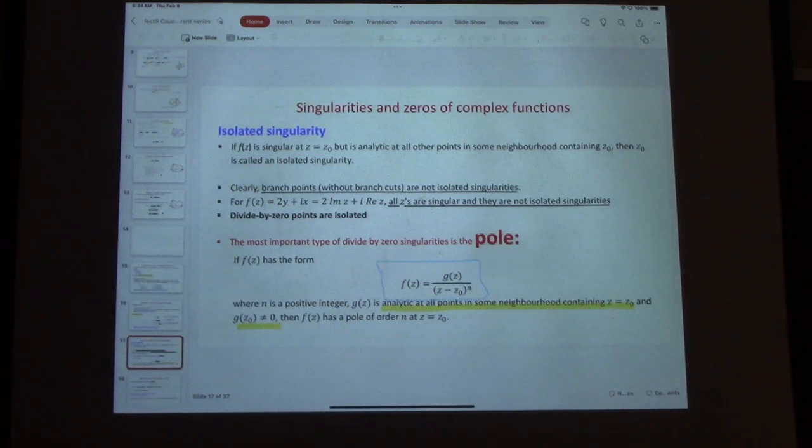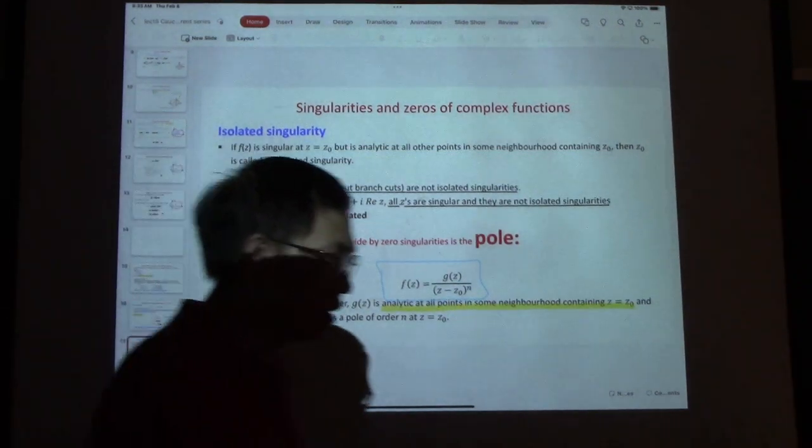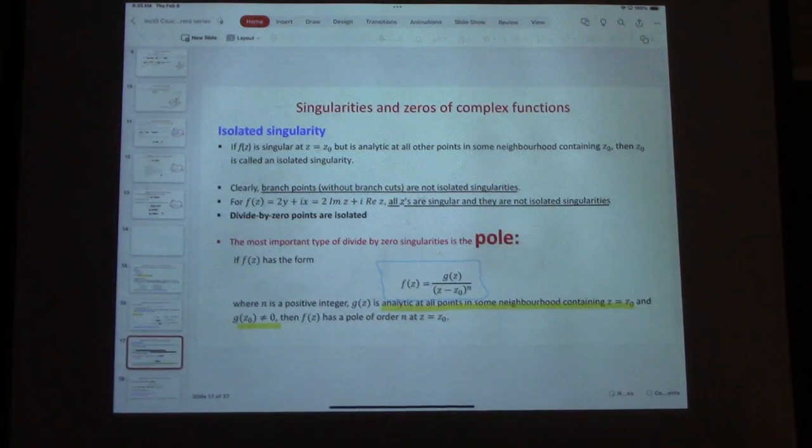All right. And then if it's an isolated singularity, we say there are also two types. One is a pole. What is a pole? So essentially think of that. The most important thing is pole is related to divide by zero. So 1 over x, when x approaches zero, that's a pole at zero, right?